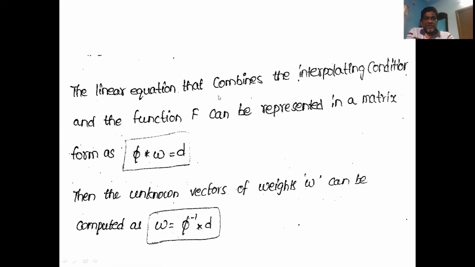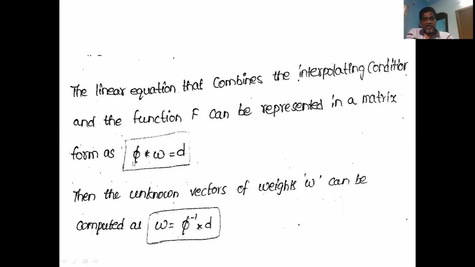The linear equation that combines the interpolating condition and the function f can be represented in matrix form like this: phi into W, that is, the interpolation matrix into the weight vector, equals the desired response.